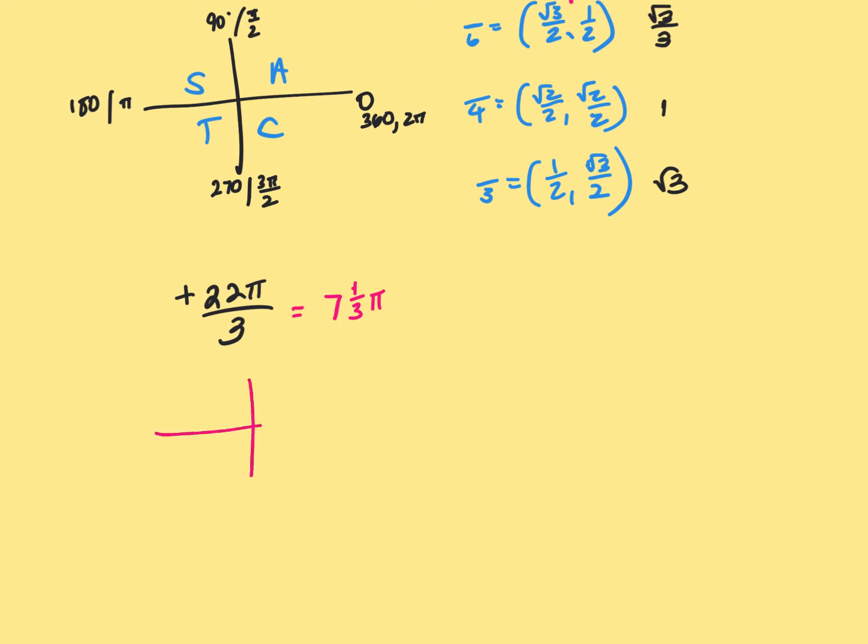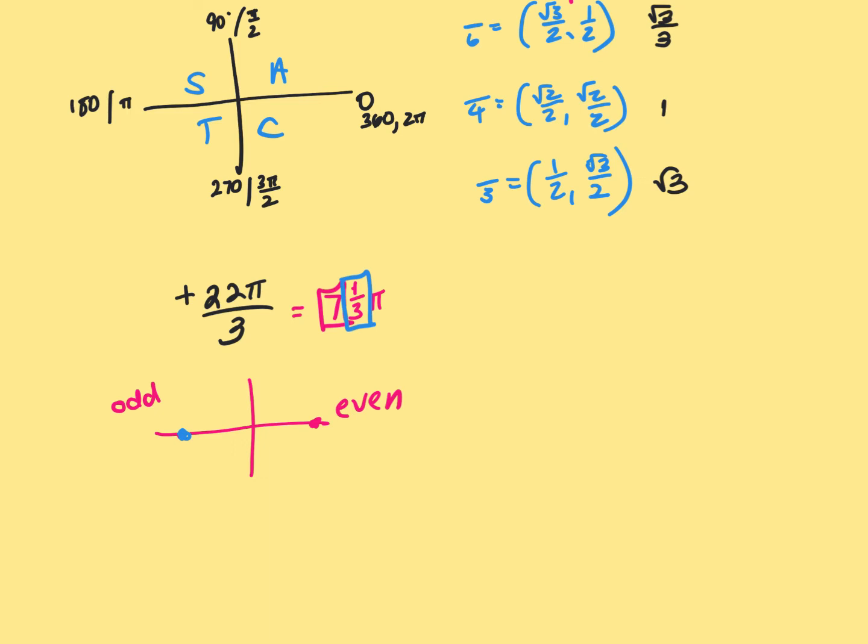The trick, remember, is that the evens are on the right, the odds are on the left. Because the whole number part of this is odd, I would start on my left. It's positive, so I go counterclockwise. The second part is asking, is this less than 1/2 or bigger than 1/2? Is 1/3 less than 1/2 or bigger than 1/2?